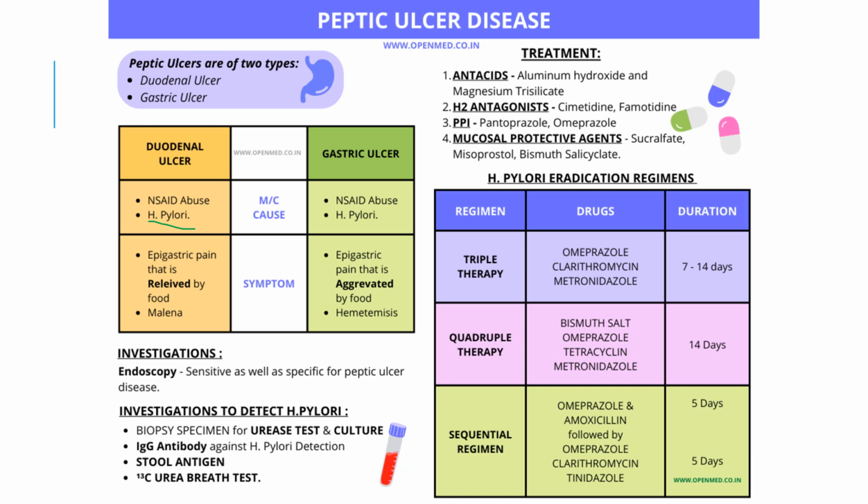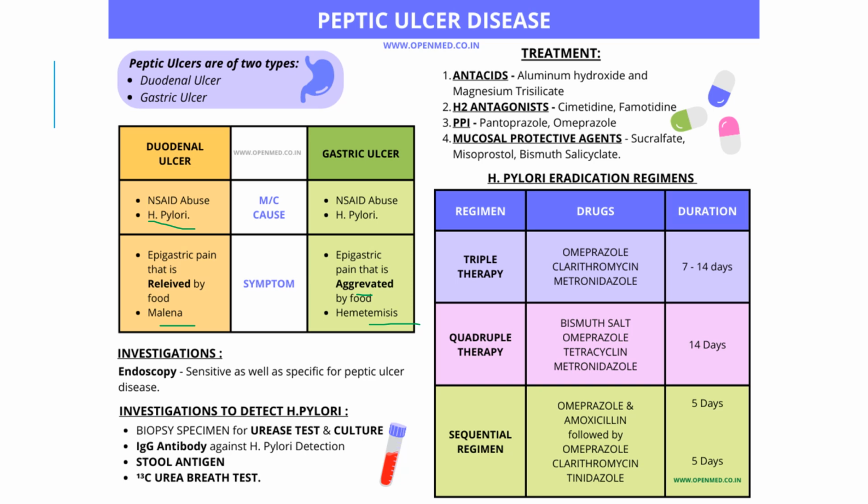In duodenal ulcer, the epigastric pain is relieved by food. This is mostly given in the literature, but may not be evident in every patient. Gastric ulcer, epigastric pain is aggravated by food. Duodenal ulcer usually presents with melena, and gastric ulcer usually presents with hematemesis, or an upper GI bleed.